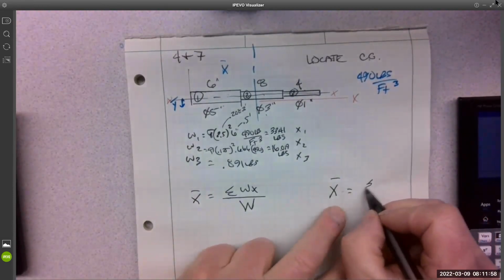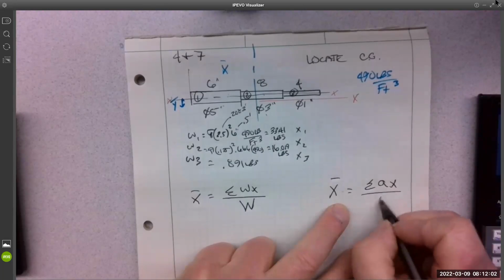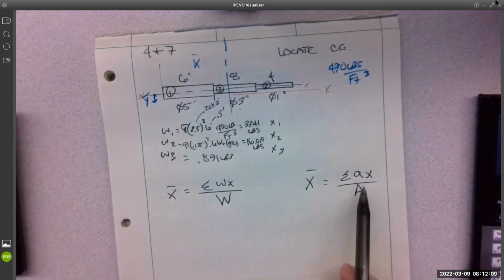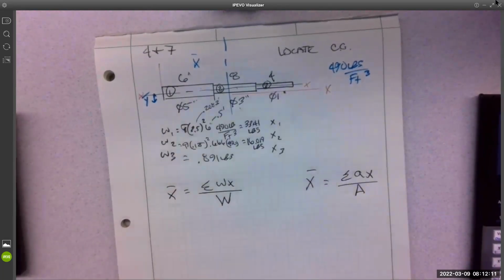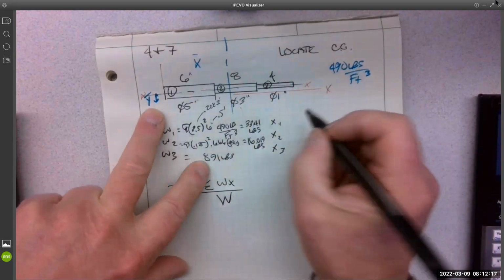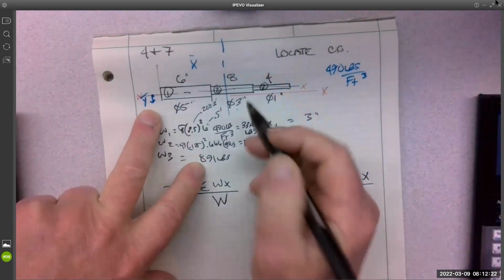But it becomes areas times X's over the total area. The same formula, you're just using areas. You can get away with this when all the material is the same. Okay, but we'll keep going. So I need X1, that's halfway, so that's going to be 3 inches. What is X2?